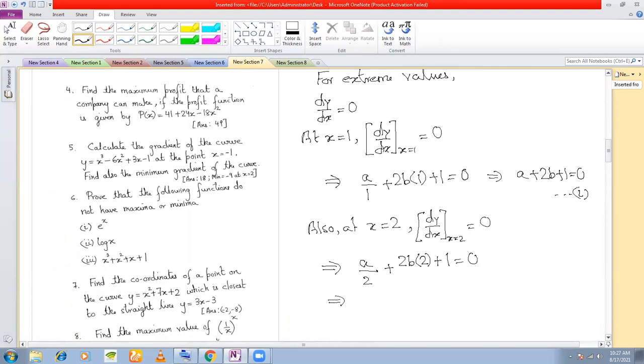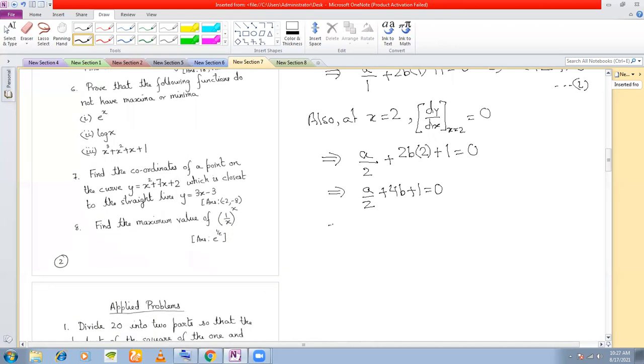That means you are getting a by 2 plus 4b plus 1 is equal to 0. You take the LCM, you get a plus 8b plus 1 by 2 is equal to 0. That means a plus 8b plus 2 is equal to 0. So this is your second equation.